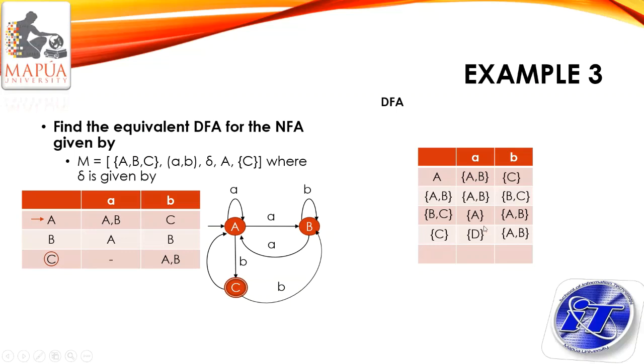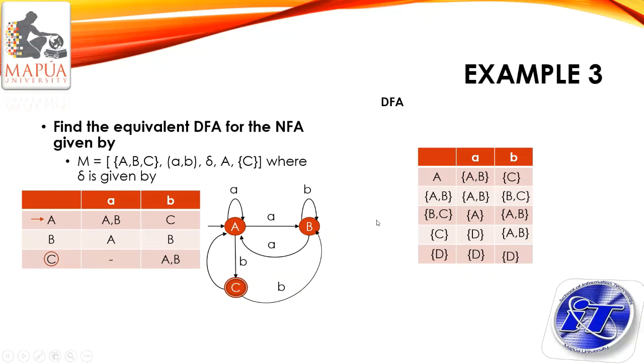So, since we have a new state here, we need to have a path for this state. And for AB, since it's a trap state, it will just go back to itself, which is D.